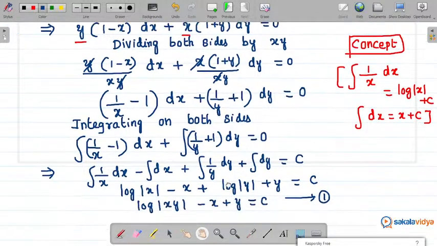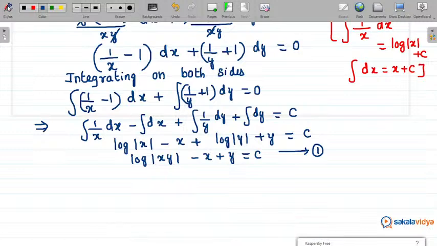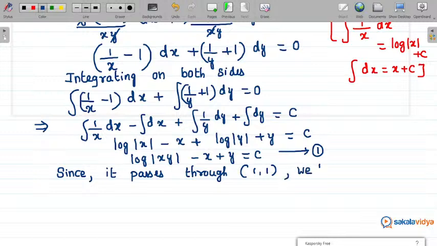So let us substitute 1 comma 1. Since it passes through 1 comma 1, that means put x equal to 1 and y equal to 1 in the equation.